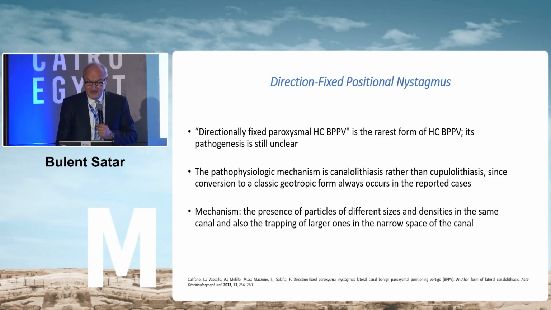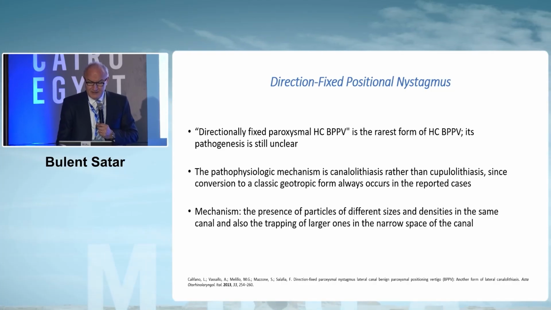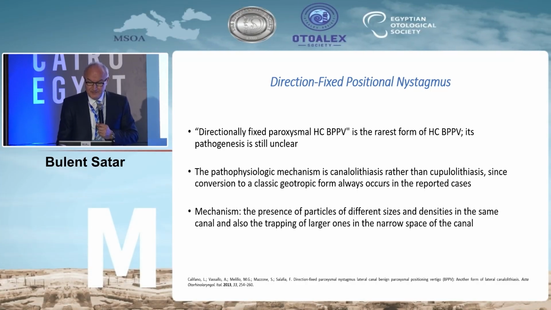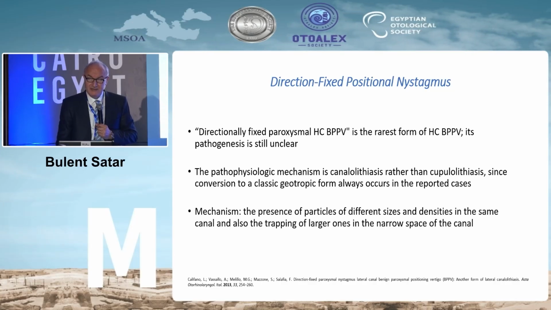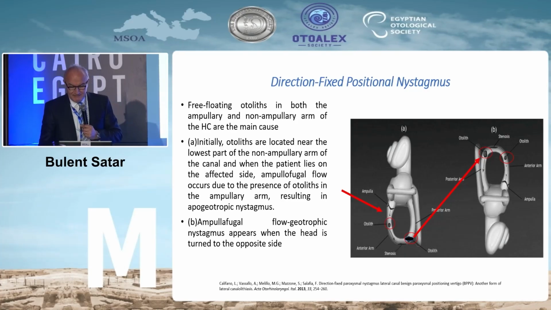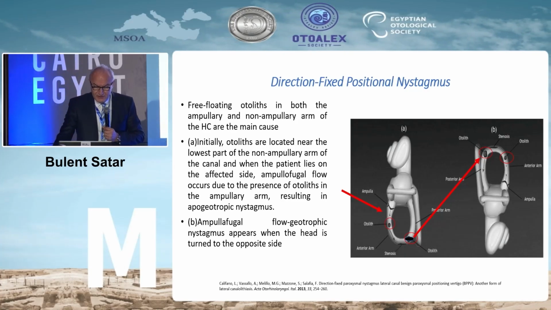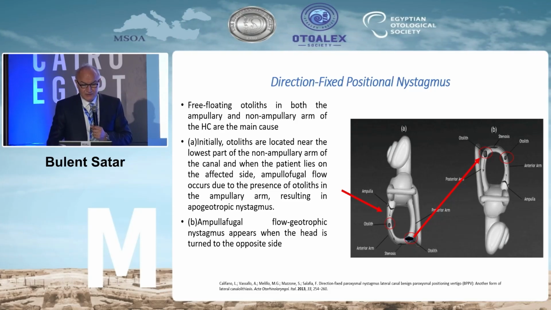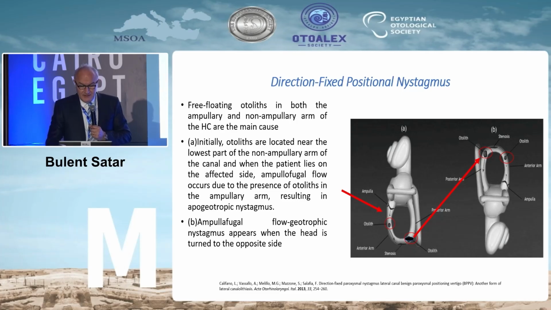Pathogenesis is still unclear, but the mechanism is canal lithiasis rather than cupular lithiasis, since conversion to a classical geotropic form always occurs in the reported cases. Now, in the picture, I will describe the mechanism of the nystagmus. Free-floating otoliths in both the ampullary and non-ampullary arm of the horizontal canal are the main cause.